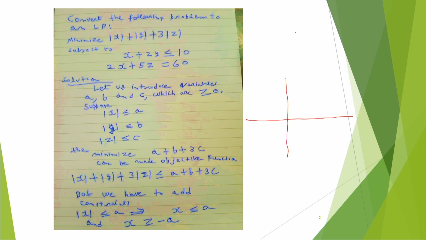Suppose somebody gives you that f(x) is equal to absolute x. Now if you plot this function, if x is positive, it is like this; it passes through 0, and here it is also like this.